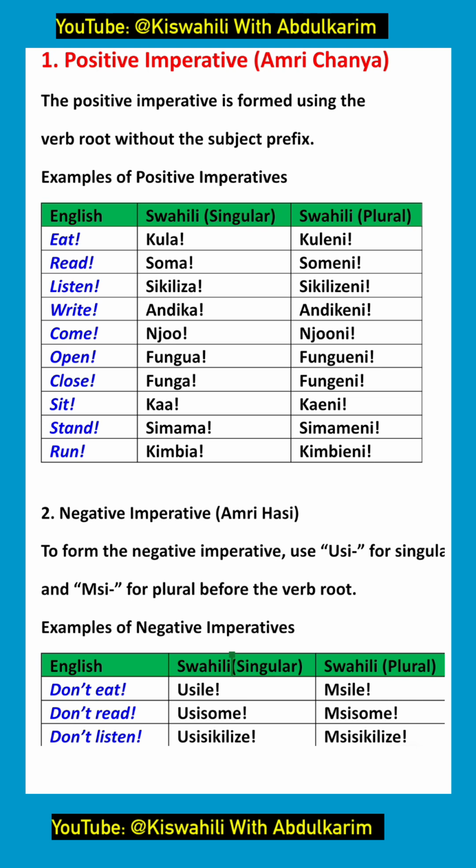And one piece of advice with using this imperative form: they sound like commands, okay? They are actually commands. So if you want to be polite, use the word tafadhali. For instance, tell someone to eat. Say, kula tafadhali, or tafadhali kula.